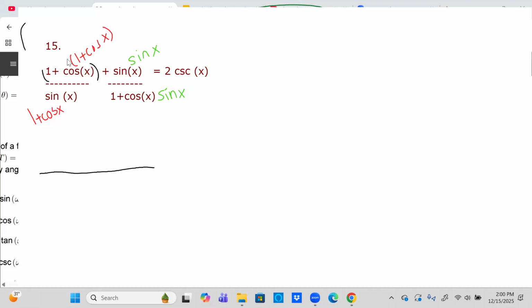On the top, we need to FOIL this out or multiply. 1 times 1 is 1. 1 times cos is cos. I'm going to try to just type again. And then 1 times cos would be another cos.